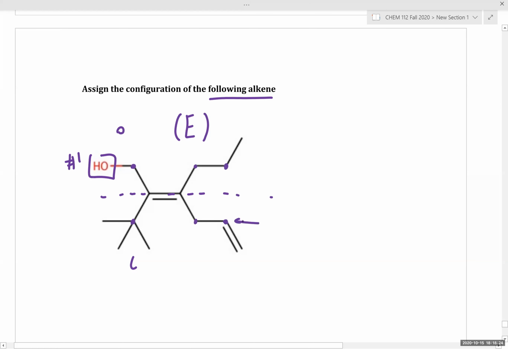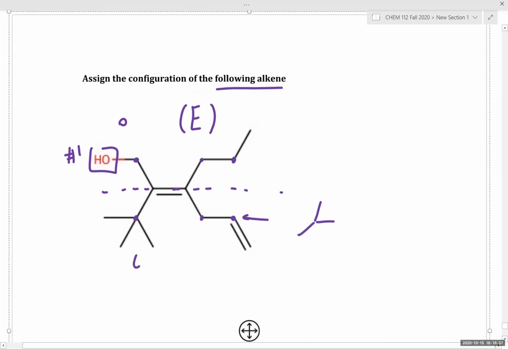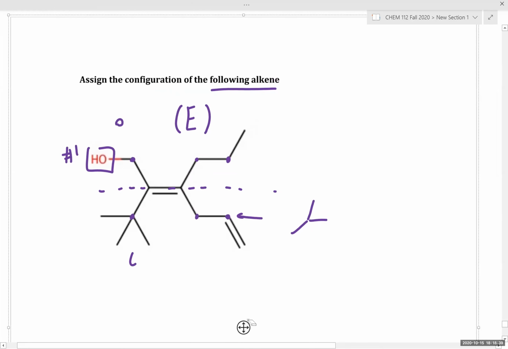Remember, our double bond can functionally be treated as if we had an additional bond to carbon. So then, looking at this structure, we see that our bottom alkene is higher priority than our top alkane.